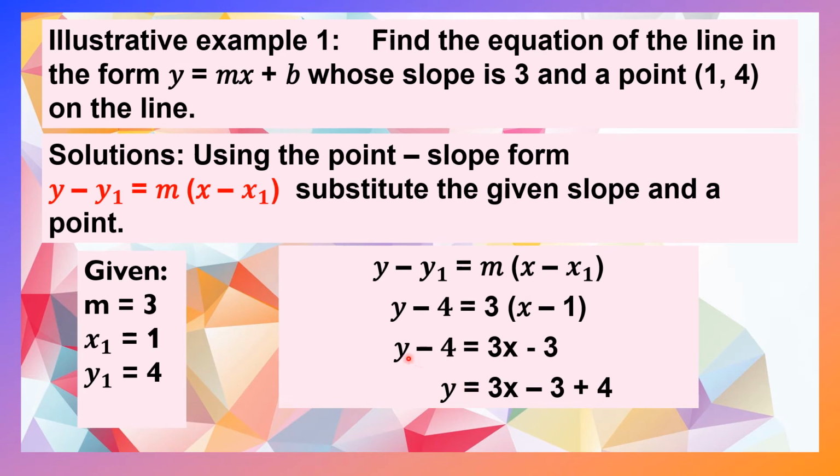And then, y na lang yung natira dito sa left side. Then, just copy equals 3x minus 3. Simplifying negative 3 plus 4, it is equal to 1. And then, just copy y equals 3x. Thus, the equation of the line is y equals 3x plus 1.